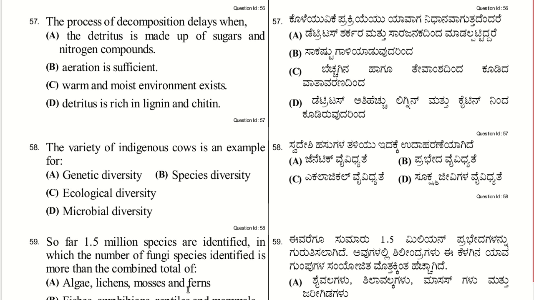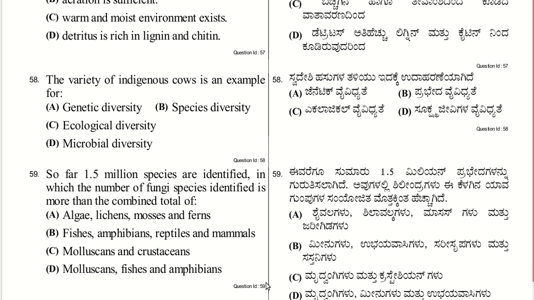58th, the variety of indigenous cows is an example for A, genetic diversity, B, species diversity, ecological diversity, microbial diversity. The answer is the variety of indigenous cow is an example for genetic diversity. 59th, so far 1.5 million species are identified in which the number of fungi species identified is more than the combined total of fishes, amphibians, reptiles and mammals.